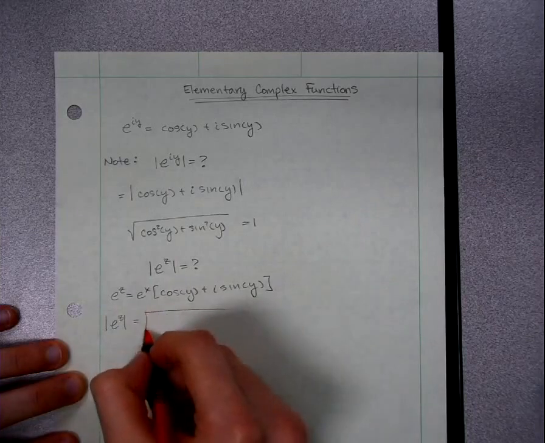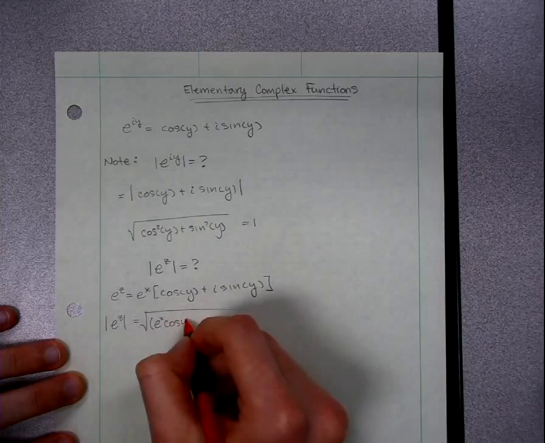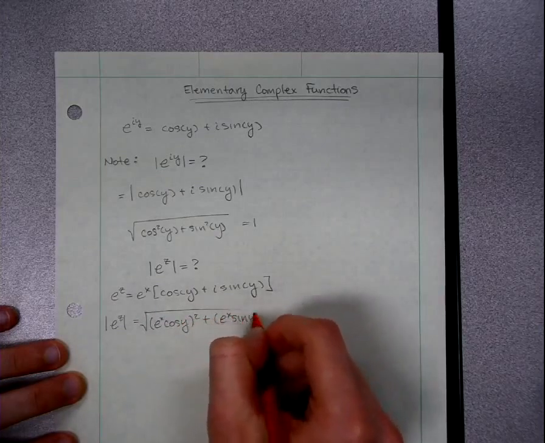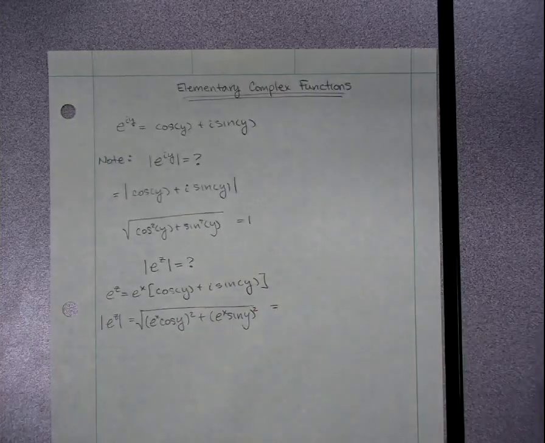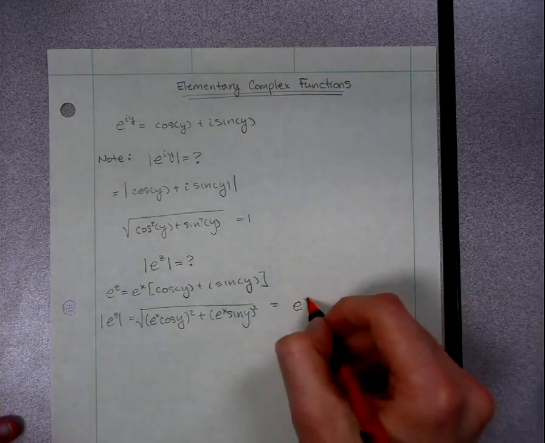It's the square root of e to the x cos. Okay. And simplifying it, you just get e to the x.